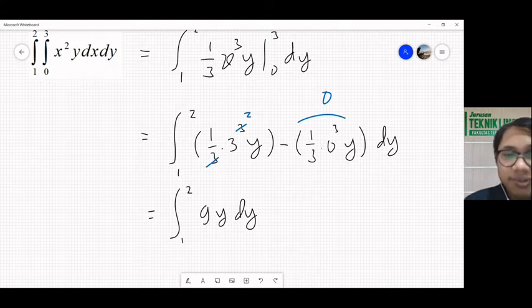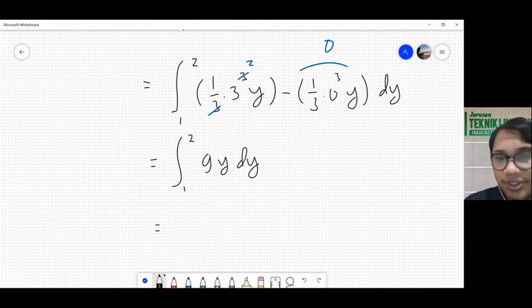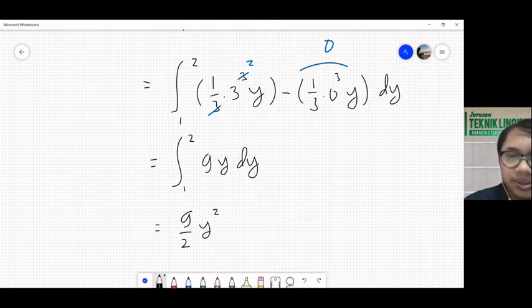Wow, now everything is so simple. Then we just solve this part, and it becomes 9 y square over 2, with limit 1 and 2.